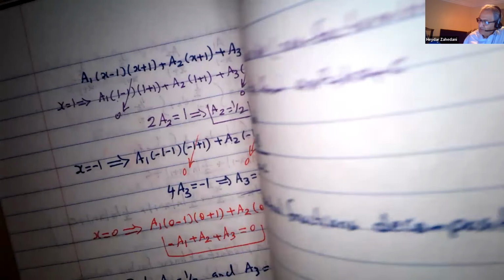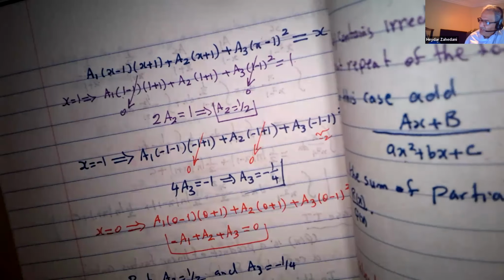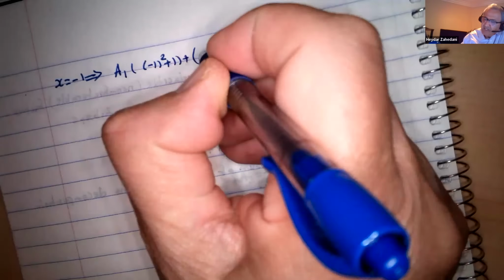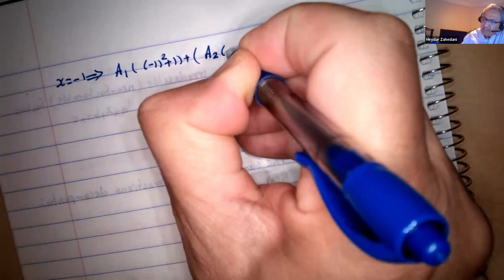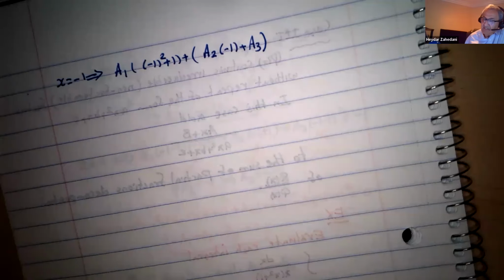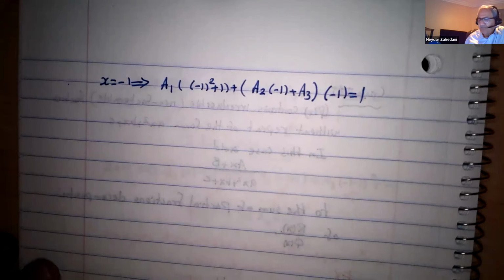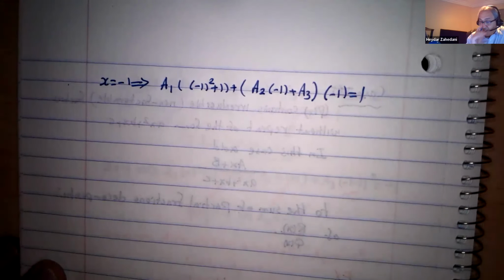So if you put x equal to -1, you are going to have A1 times (-1) squared plus 1, plus, that was A2x plus A3, that gives you A2 times x, which is -1, plus A3, times it by x. So it's going to be times it by -1 equal to 1. This is where you substitute x equal to -1.